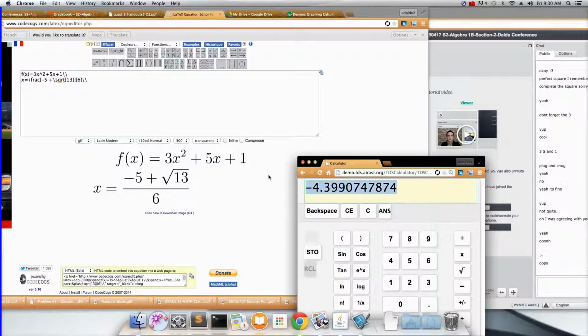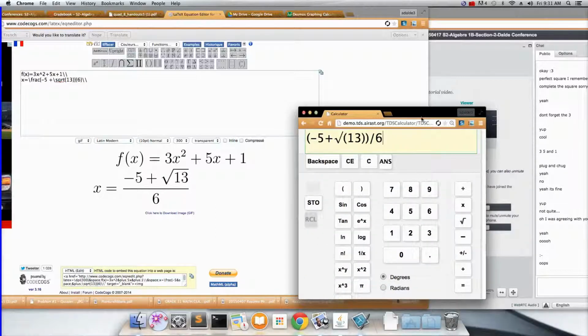I usually put a parentheses, and then I do everything in my numerator, -5 plus the square root of 13. Close that parentheses and tell the calculator, I want to do that first, and then I want to divide that whole thing by 6. And the answer to that is 0.2324. Are we cool?